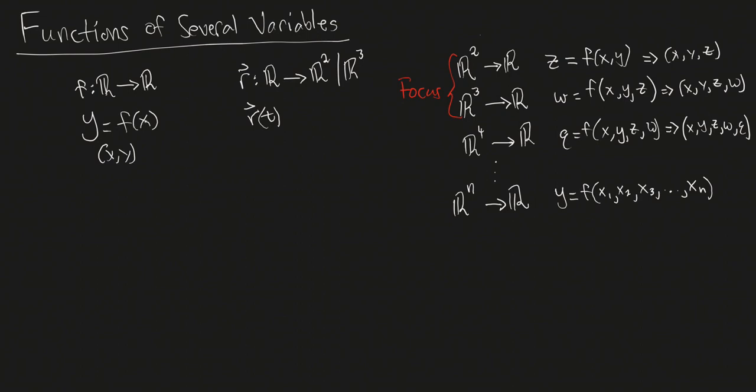Because in a real world sense, what this equation is saying is that you have some variable that is affected by only one thing. But in the real world, usually one thing might depend on several different things. So you actually find that these functions are a lot more useful than these, right?